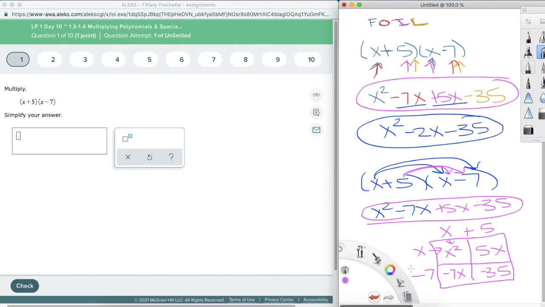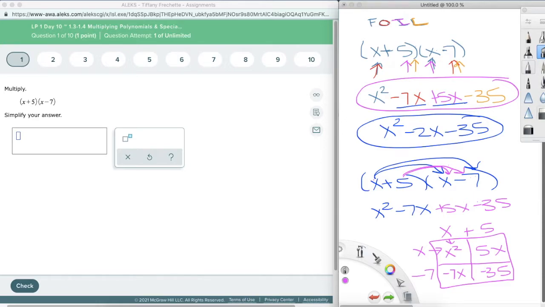So there are so many ways to do the same type of problem. I definitely want you to do what makes sense for you. And for whatever reason, I've noticed this year, a lot of my IM2 students don't like FOIL. I think it's just that very strict pattern. They don't like having to think about it in that way. And FOIL only works for a binomial times a binomial, which is what this is.